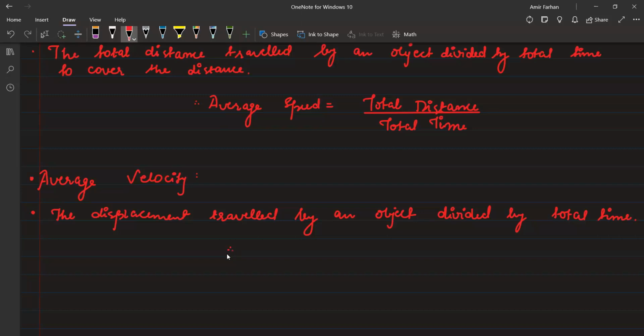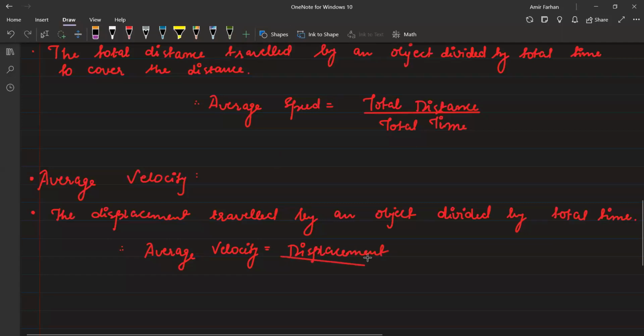So average velocity has two formulas. Average velocity is equal to displacement divided by total time.